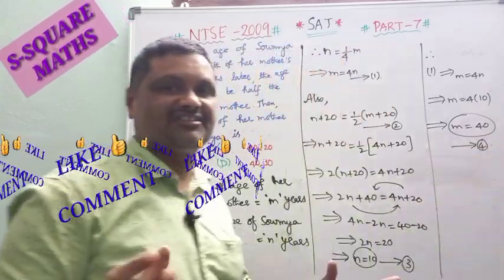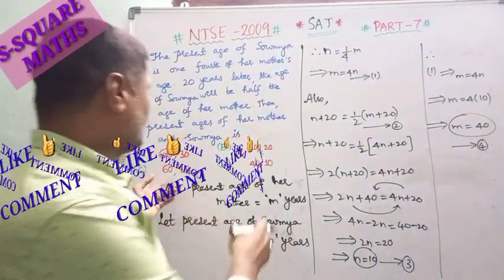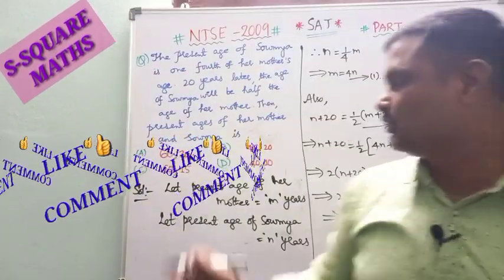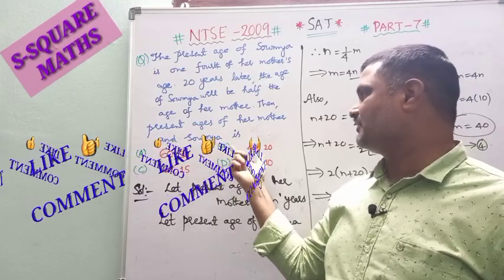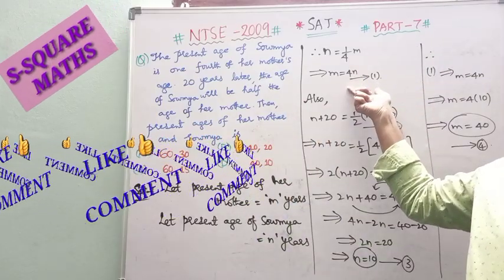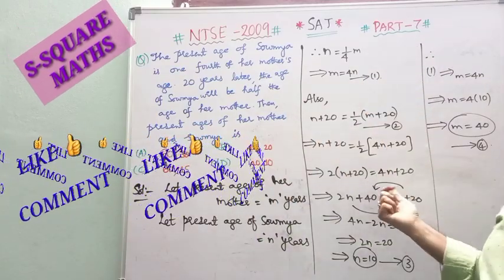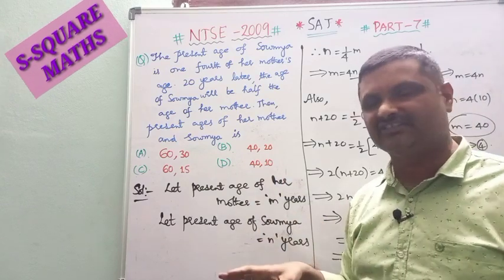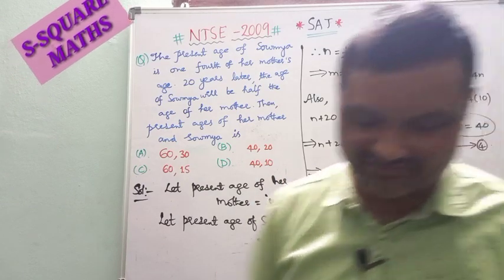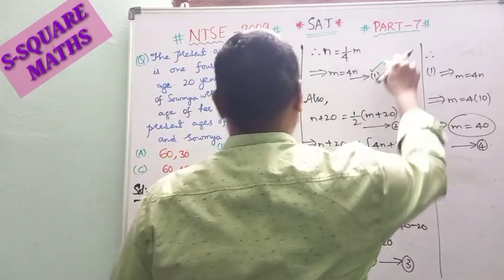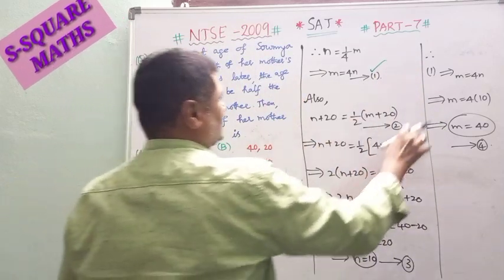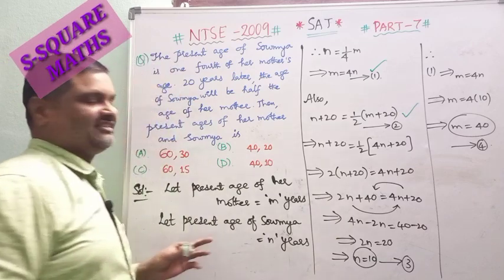See children and aspirants, without doing this process, go through the trial and error method. First, options A and B fail here, so go for C and D for both the equations. After getting the equations like this, substitute options A, B, C, D in equations 1 and 2.